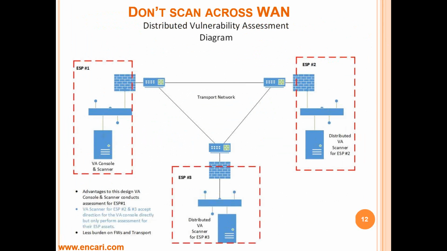I got you. So in a given ESP, we should have a vulnerability scanner on each one of our ESP segments to avoid going across firewalls, because with vulnerability scanning we've got port scanning, and if you're going to do port scanning for compliance, you kind of need to scan all the ports.